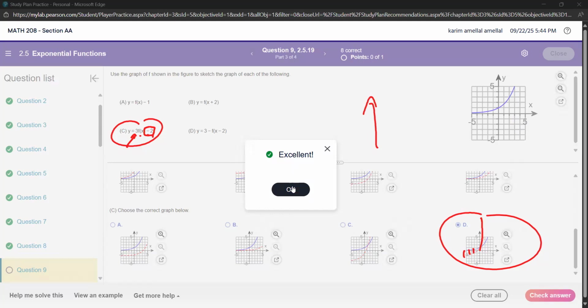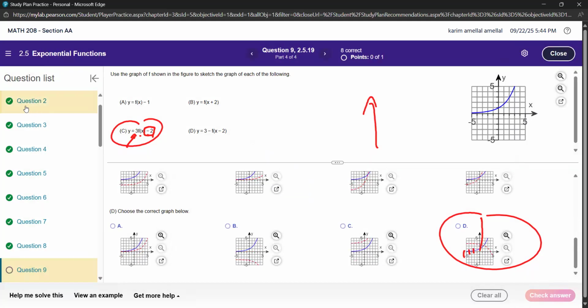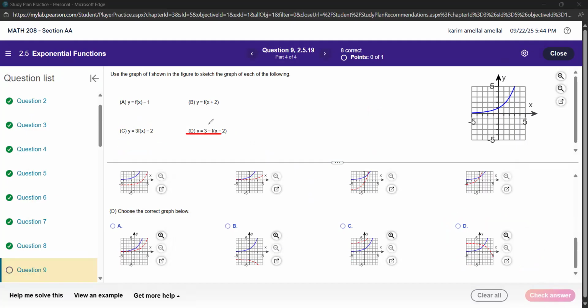Okay, next question and the final one. Here, number D. So 3 minus f of x minus 2. It seems complicated, but it's easy, because the final answer, of course, will be B. But how will it become B?